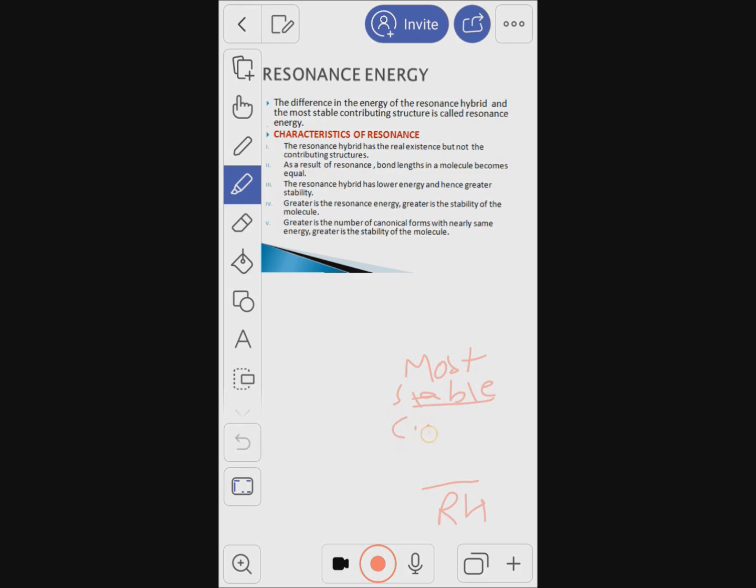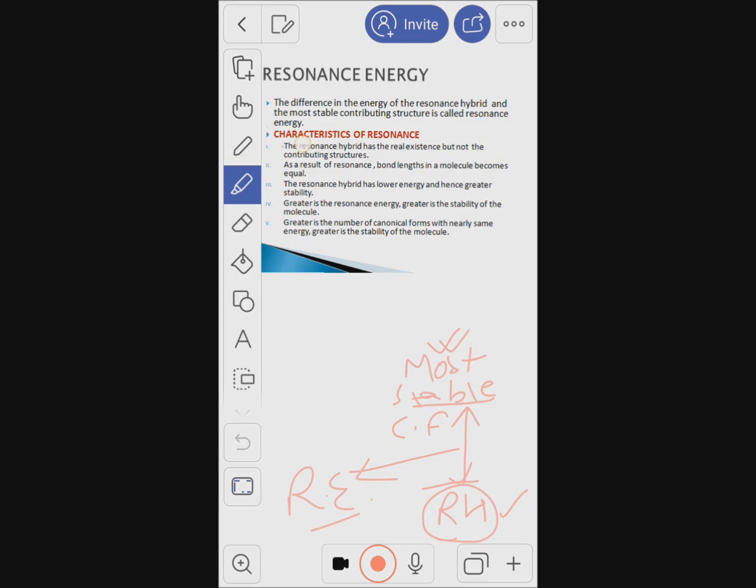This difference between the energies of the resonance hybrid and the most stable canonical form is called resonance energy. Resonance hybrid has the lowest energy, and the energy difference between the resonance hybrid and the most stable canonical form is called the resonance energy.